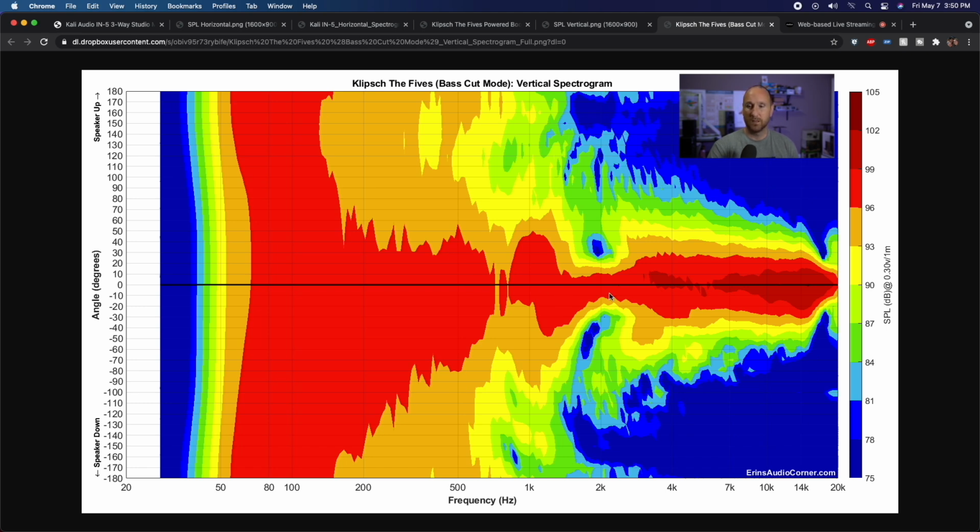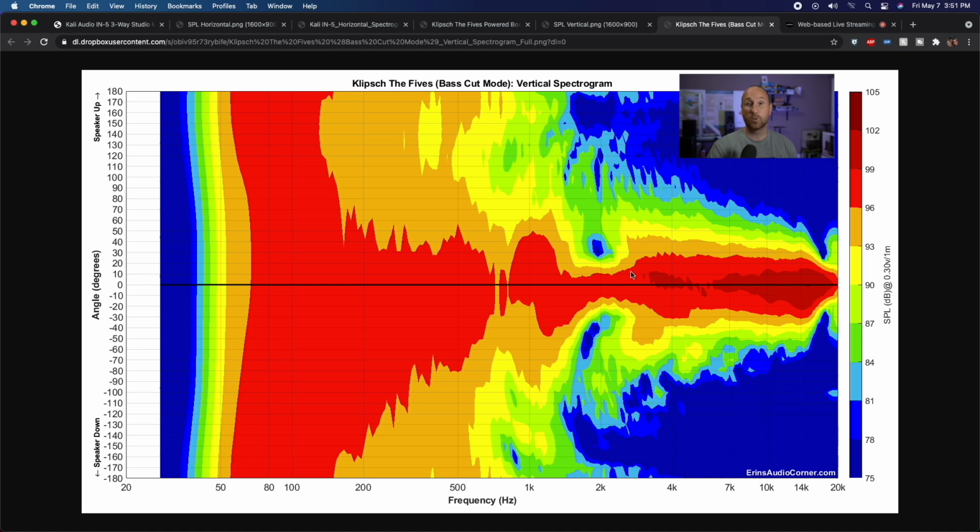For example, if you look at the crossover region between 1 to 3 kilohertz, just in this ballpark area, we can see that the red dips down. What that means is the SPL is high directly on axis, but as you go off axis, so if you go below the tweeter line to 20 degrees, you're losing about 6 dB of SPL. And if you go above the tweeter line to above the 20 degrees, then it's the same deal. You're losing about 6 dB versus the on-axis response.